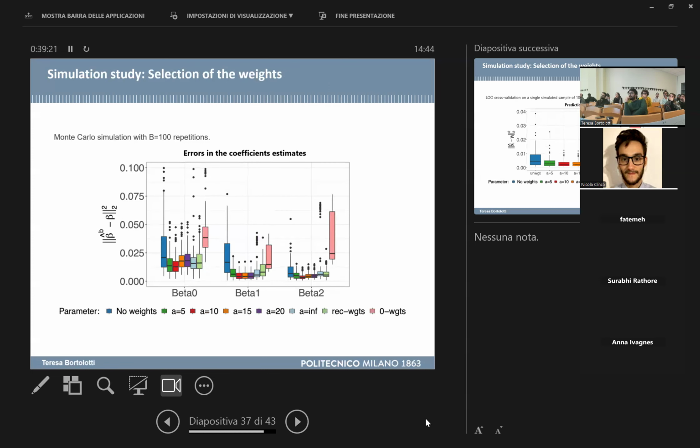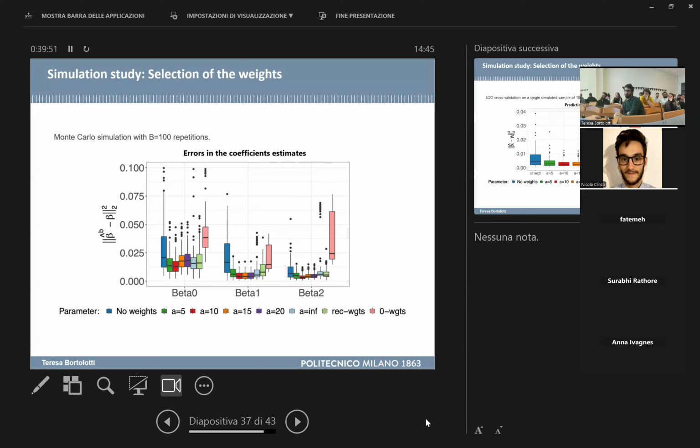Here we are assessing the accuracy of the estimates of the coefficients for different definitions of the system of weights. These two are the extreme cases: the first one is the unweighted analysis, so the state of the art, let's say. This one is the result that you get if you neglect completely the reconstructed parts of the curve, so if you restrict the analysis only to the observed part.